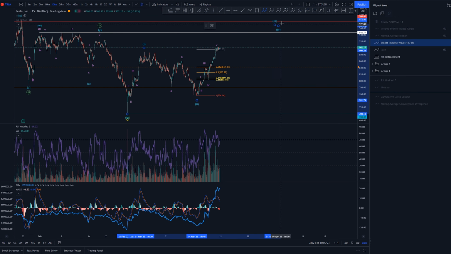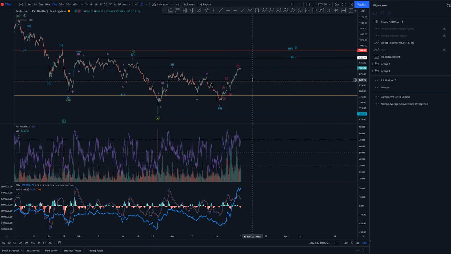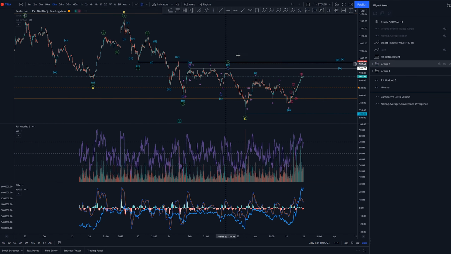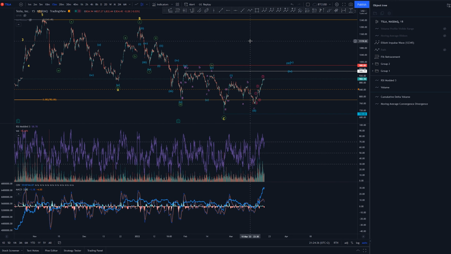So this is basically what we're looking at, and this should actually be lower. It should be micro count, I think. Yeah, so this is one option, that we've done the ABC required for the pullback.